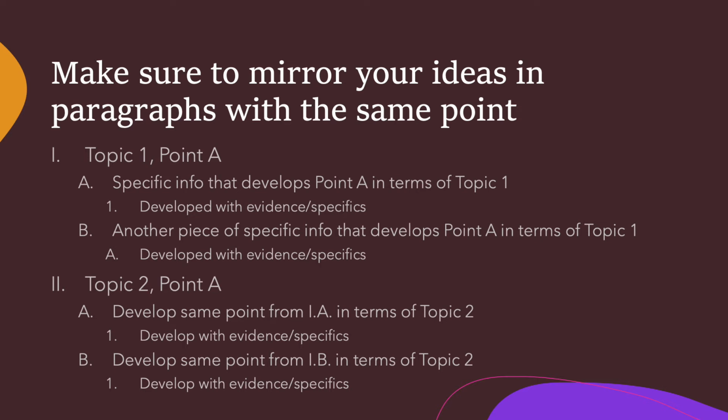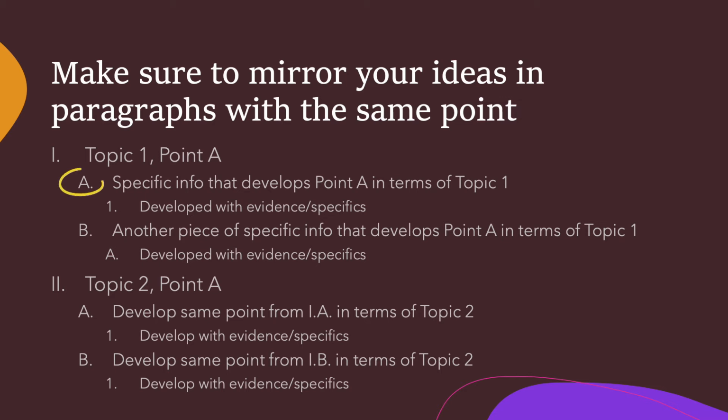Well, then for your paragraph with topic 2, point A, whether you're using the point by point or the block method, this might be separated by a few paragraphs, and that's okay if it is. Either way, what you want to do is develop that same point from 1A. And what do I mean by 1A?